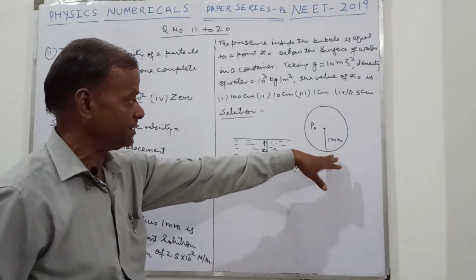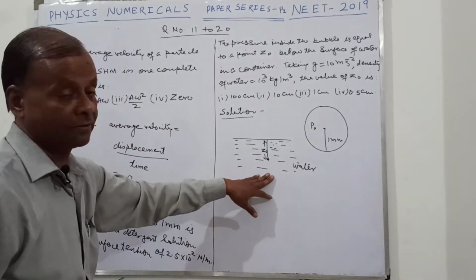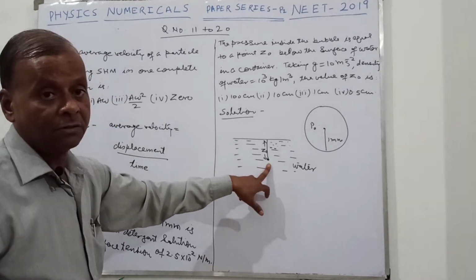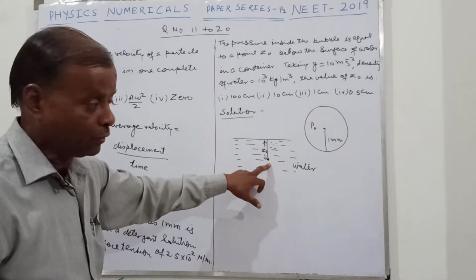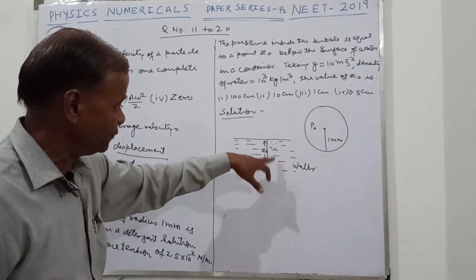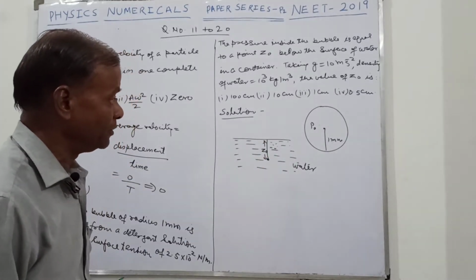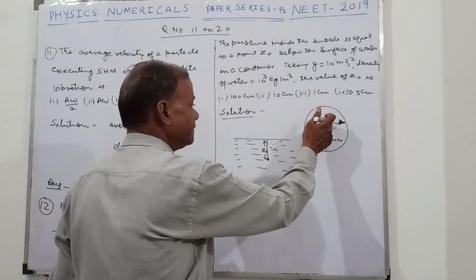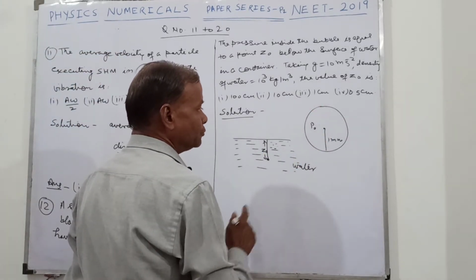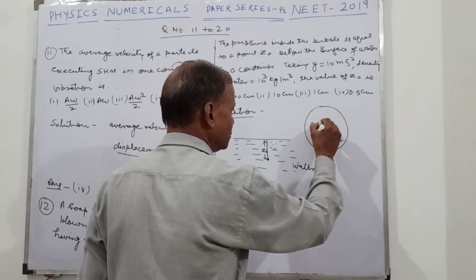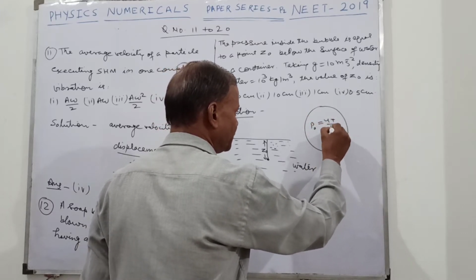So what is given in the question? The pressure inside this bubble is equal to the pressure at a distance Z0 below the surface of this water in a container. So you have to find the value of Z0. So whatever the pressure is here, this pressure is equal to 4T upon R. This we know.